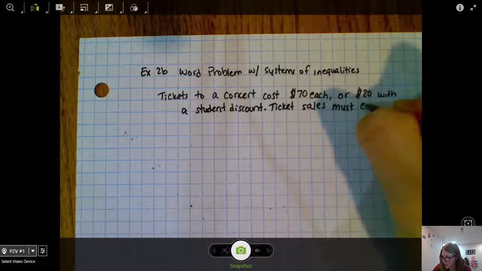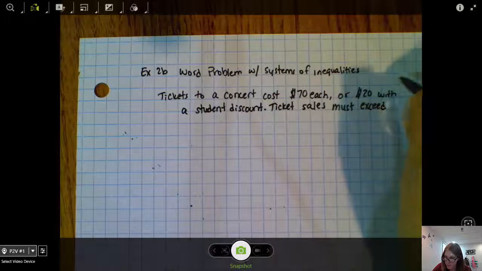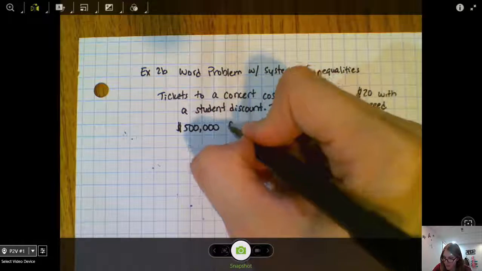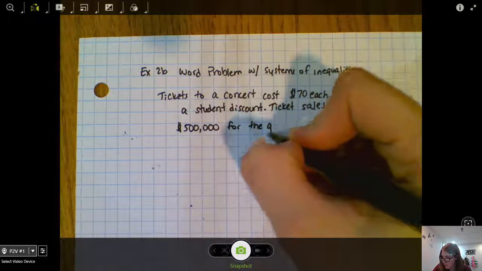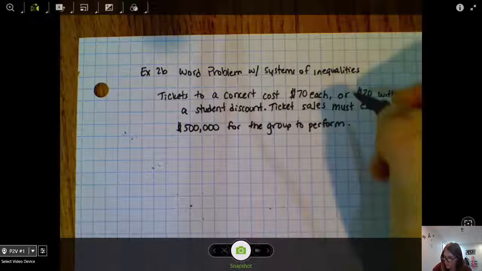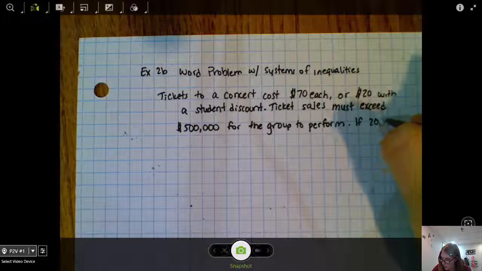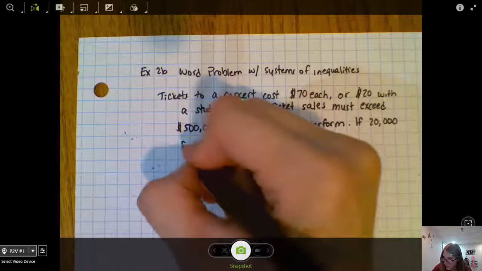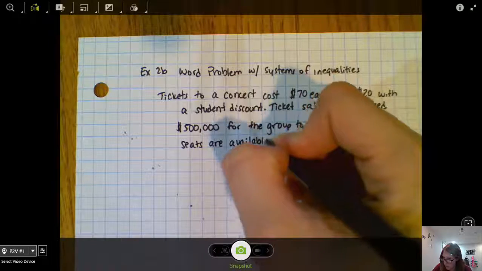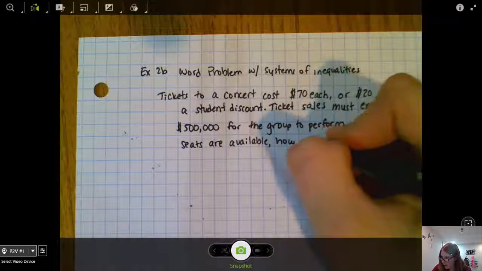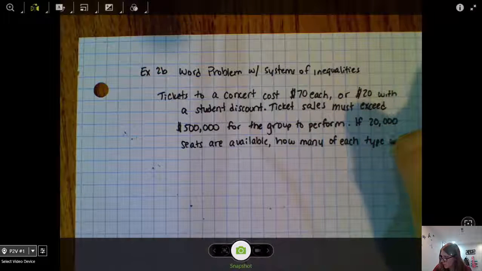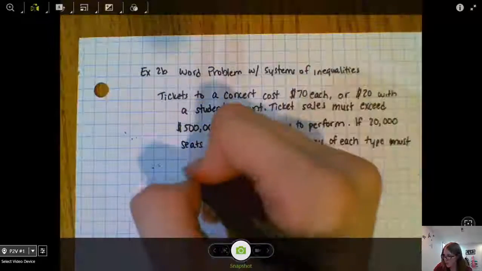Ticket sales must exceed $500,000 for the group to perform. If 20,000 seats are available, how many of each type must be sold?